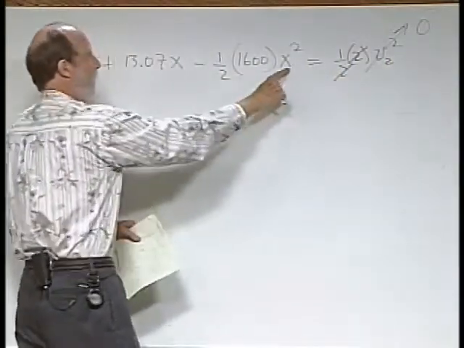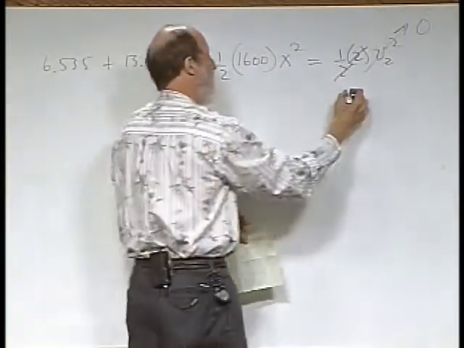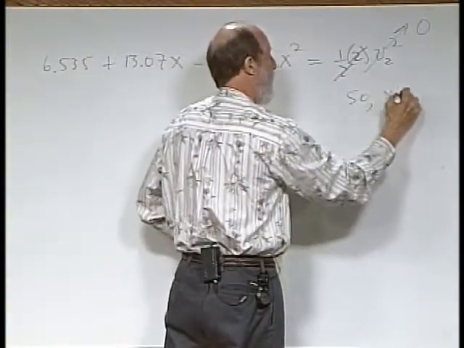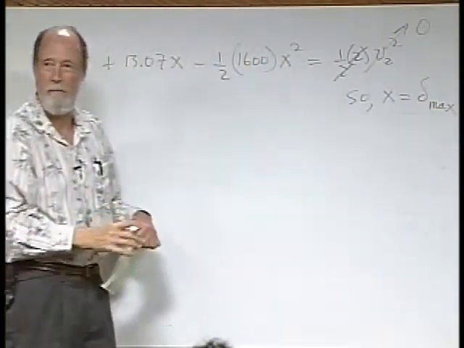then x becomes delta max, doesn't it? So x equals delta max, the maximum deflection of the spring.